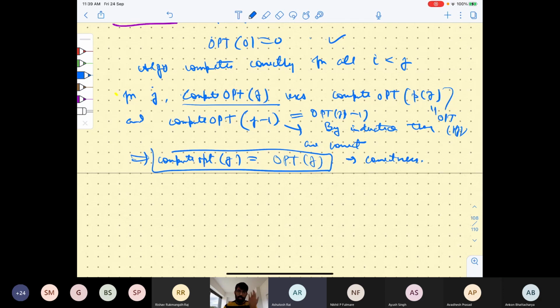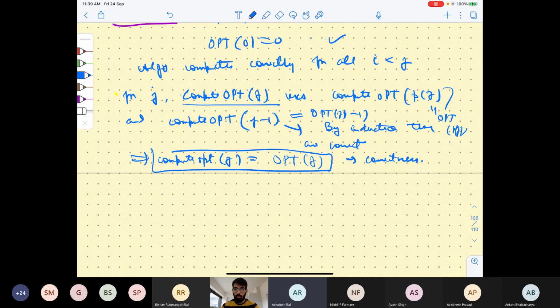Any questions about the correctness? So in the correctness, what do we need to show? That the algorithm outputs the opt. So by induction, the smaller calls output the opt, and hence by the formula, the algorithm outputs the opt. Right? Good.